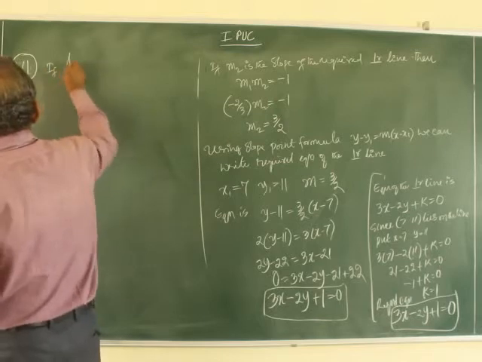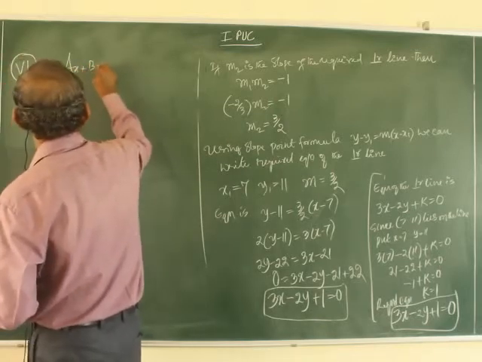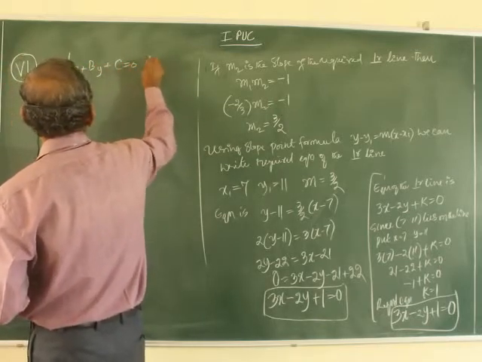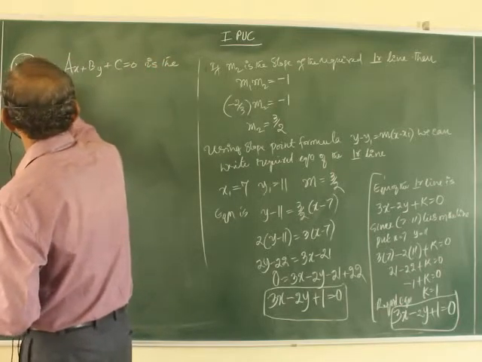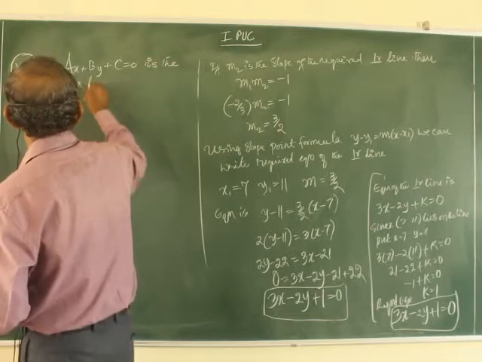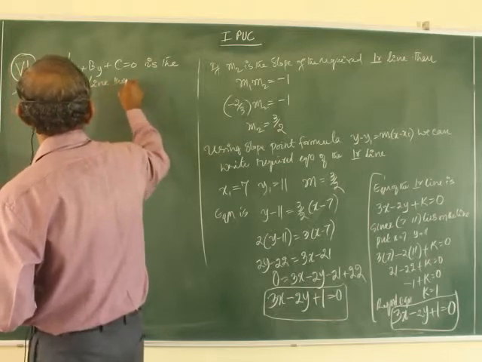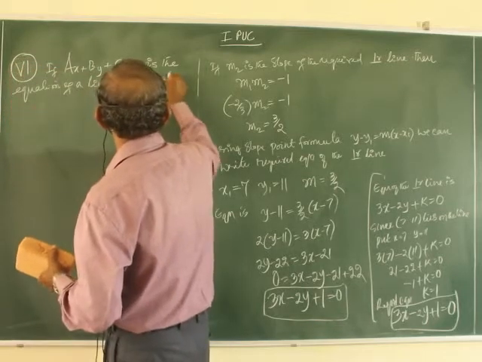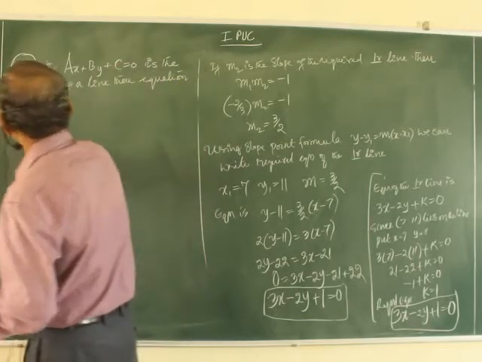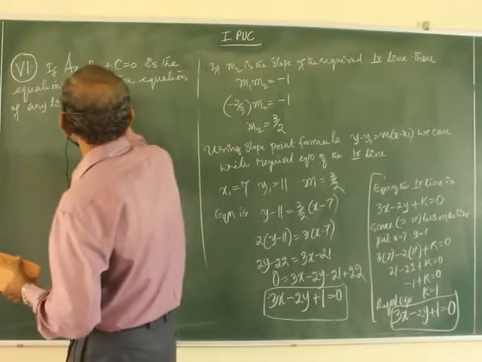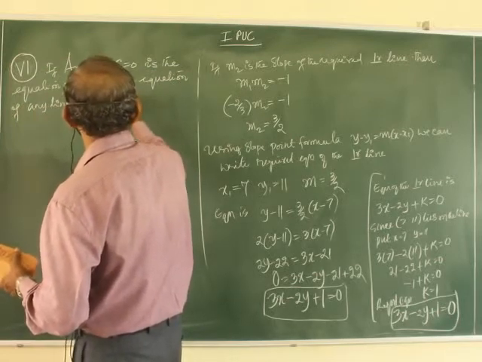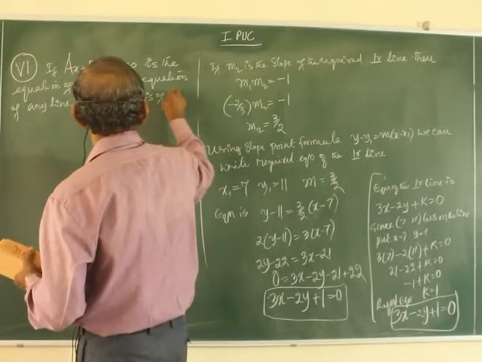If ax plus by plus c equal to 0 is the equation of a line, then equation of any line perpendicular to this is of the form bx minus ay plus k equal to 0.